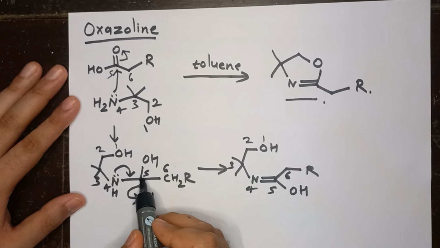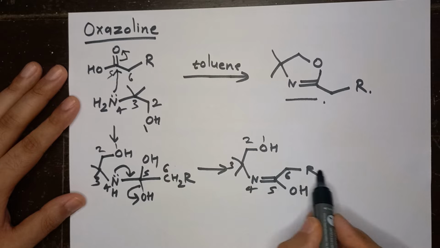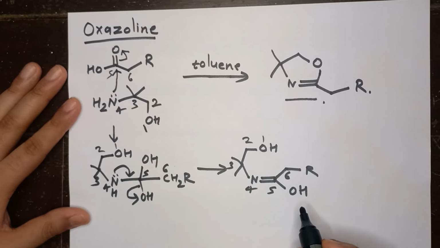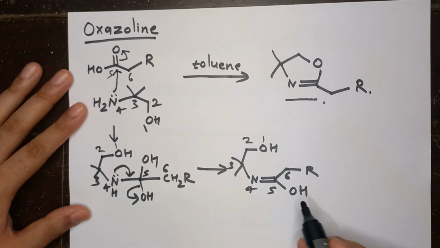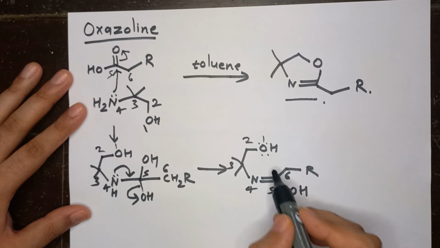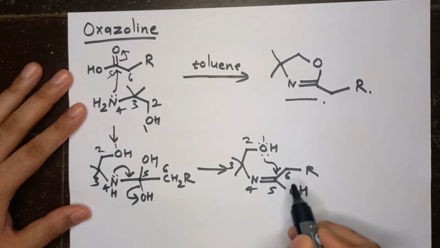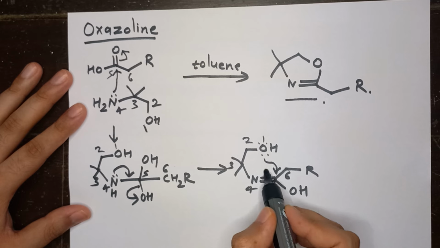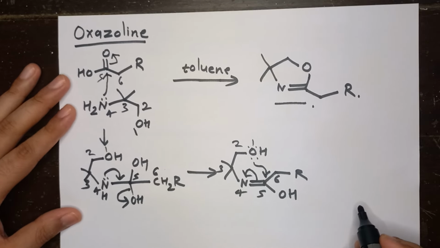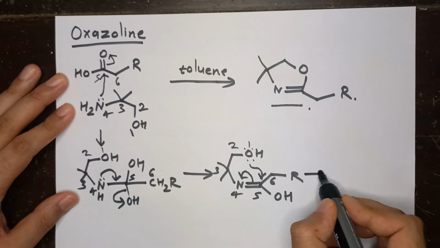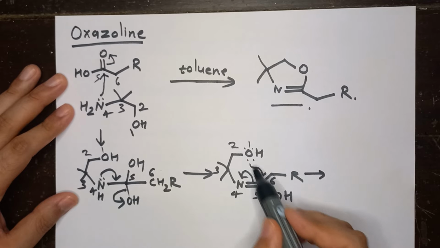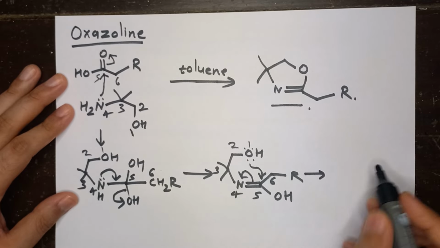So 5 has CH2R and OH. Now at this position, this oxygen will attack here and this double bond will fall on nitrogen. So we are closing up, we are forming a ring now.